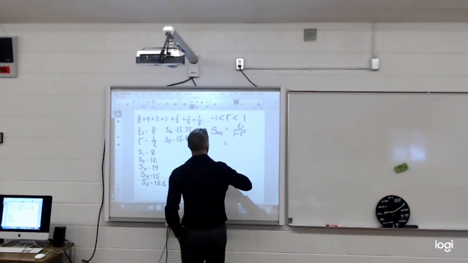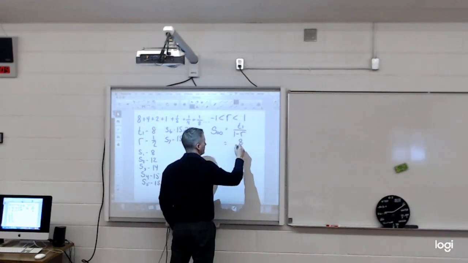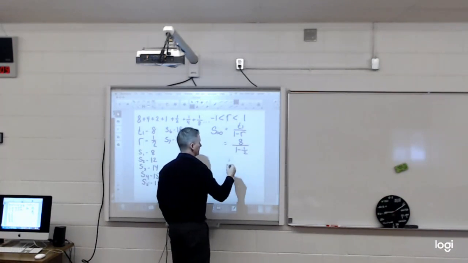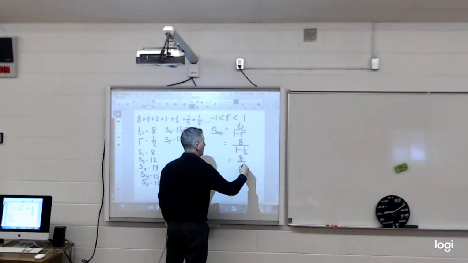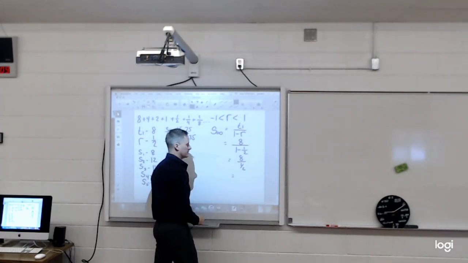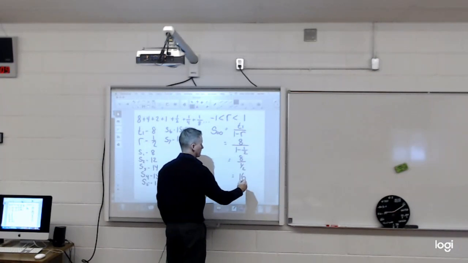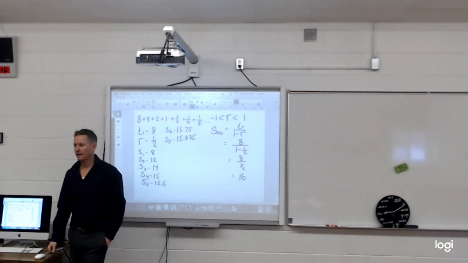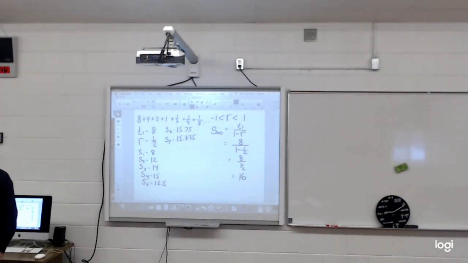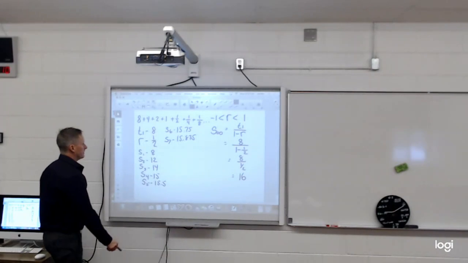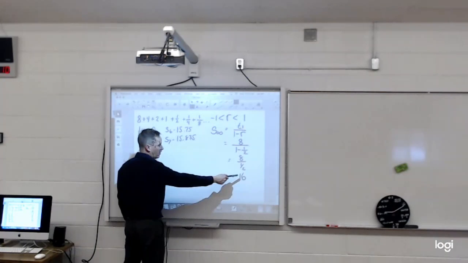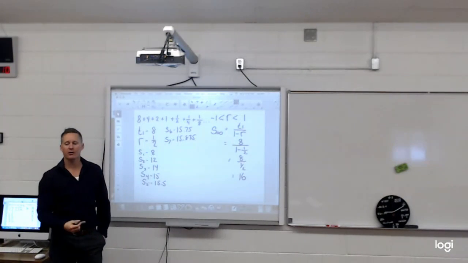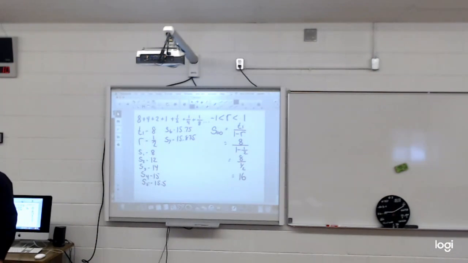So to calculate that, my t to the 1 is 8 over 1 subtract a half. 8 over 1/2 is 16. So this infinite geometric series is going to continue to get larger and larger and closer to 16, but it's never actually going to get there.